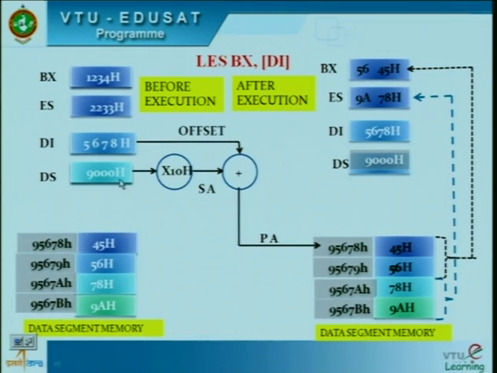Offset is added with the segment base. Before adding the offset, the segment value has to be multiplied by 10, so that you get the starting address of the segment, or the segment base address, to which the offset is added, and then I get a physical address. This process is very important from the examination point of view and from the programming point of view, because this is a fundamental aspect of programming.